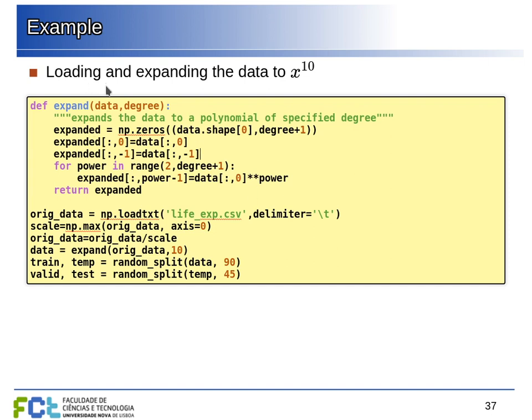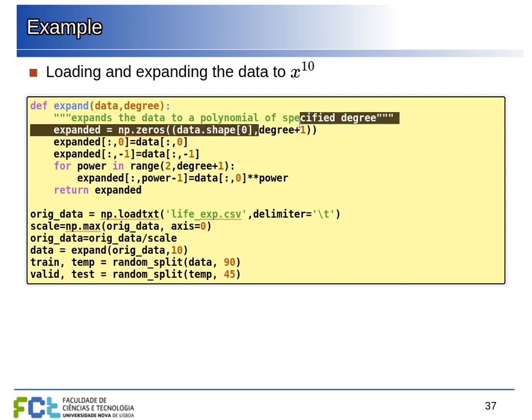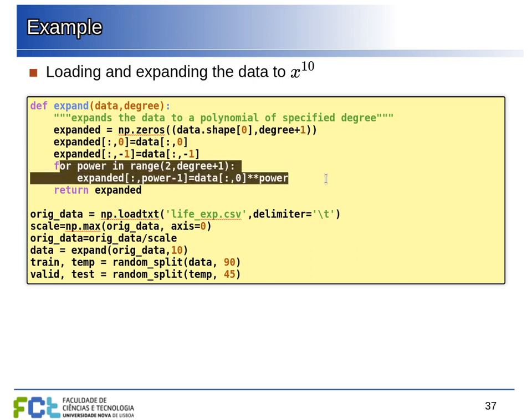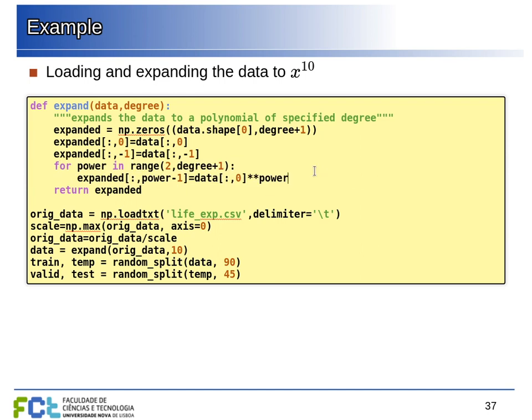So if we have a data set here which has the x value on the first column and the target value on the second column, we create a new matrix that has as many columns as the degree that we want to expand to, plus 1 for the target value. And we're going to use this number of columns for the x, for the input, and the last column for the target value. And for the x values, we're going to do this polynomial expansion like we did last week.